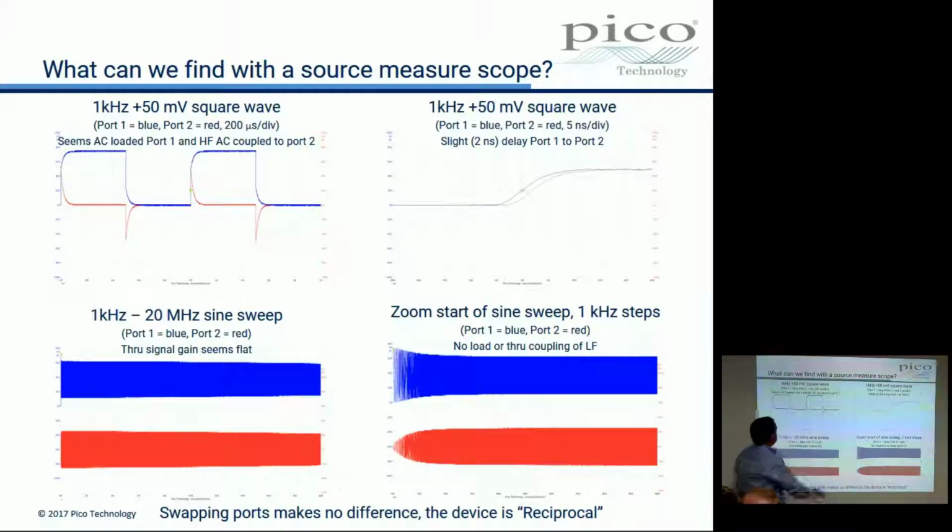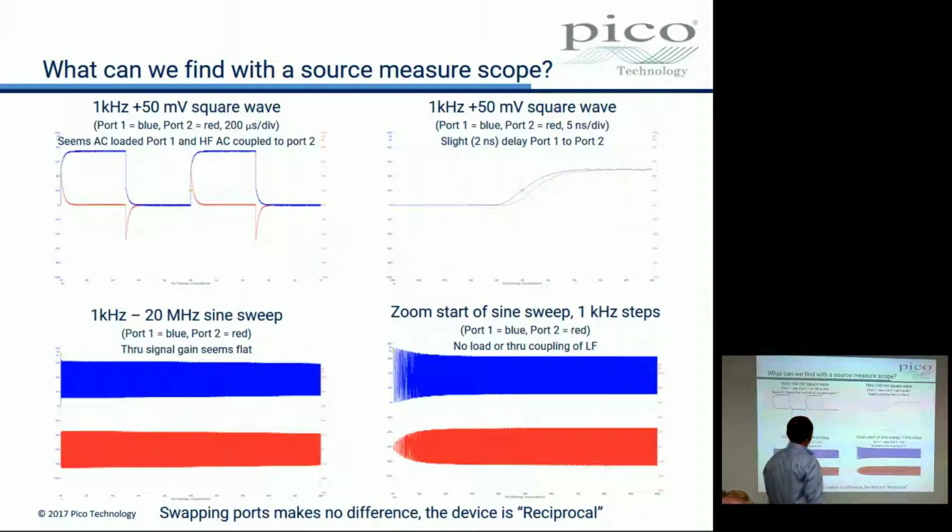Okay. So then I zoomed in a long way. And what I found was that the red signal coming out was delayed by about 2 nanoseconds. So whatever it was inside this box, it was causing a delay of about 2 nanoseconds to the signal coming out.